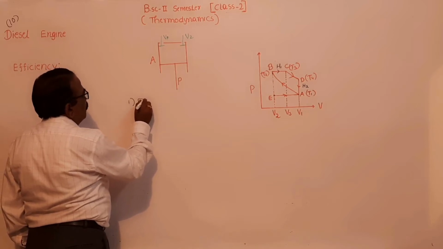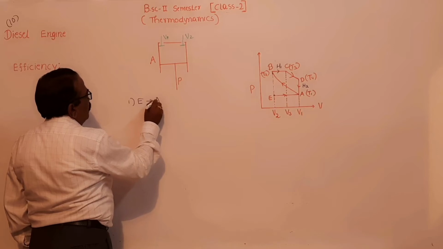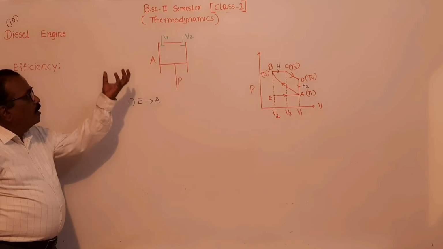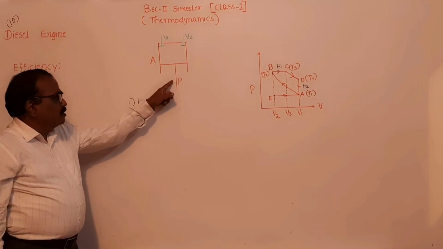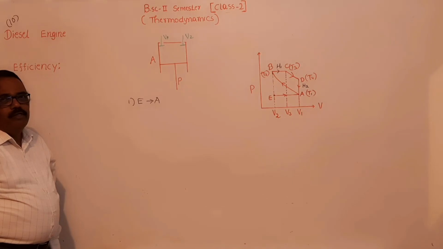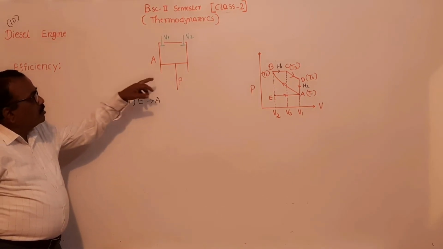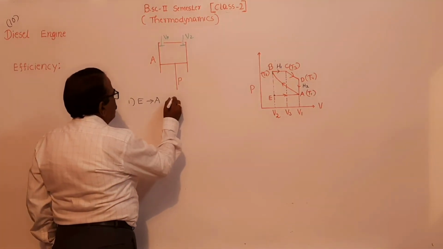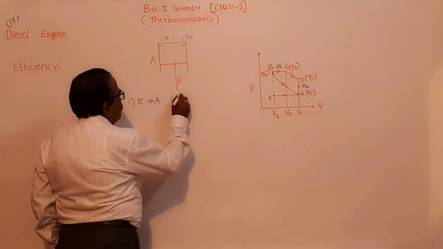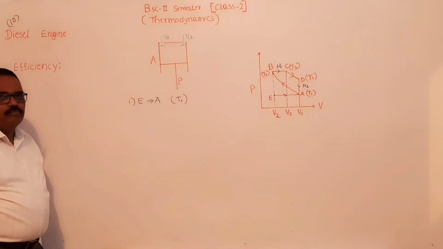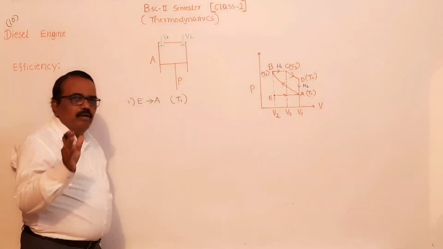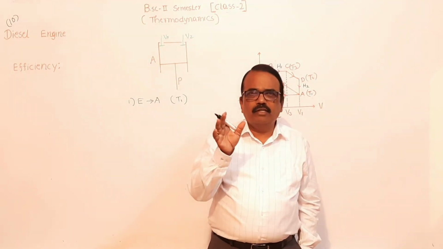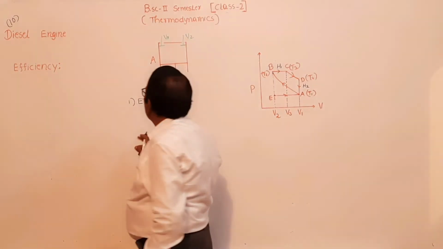The inlet valve is open and the piston moves outward, air enters the cylinder and the temperature reached is T1 at atmospheric pressure. That air behaves as a perfect gas.